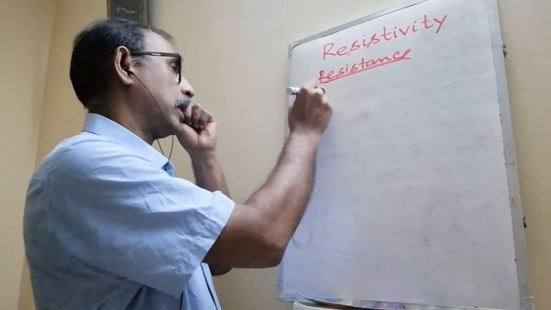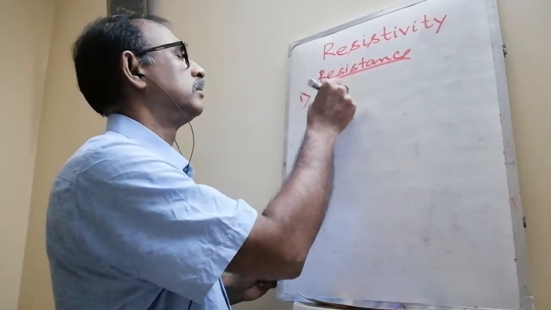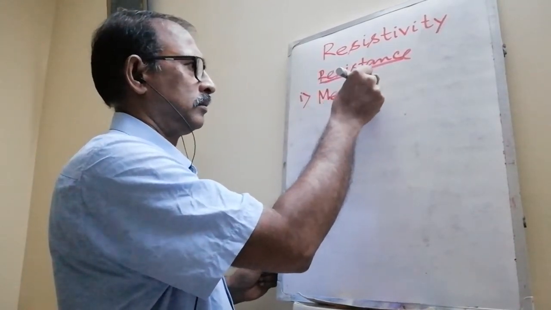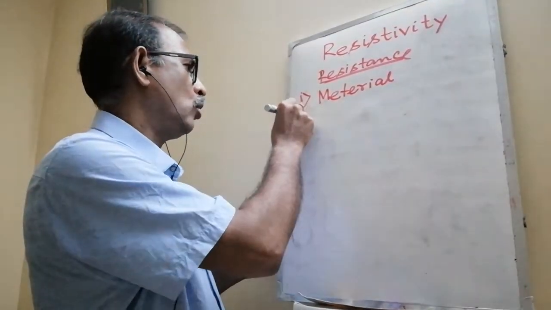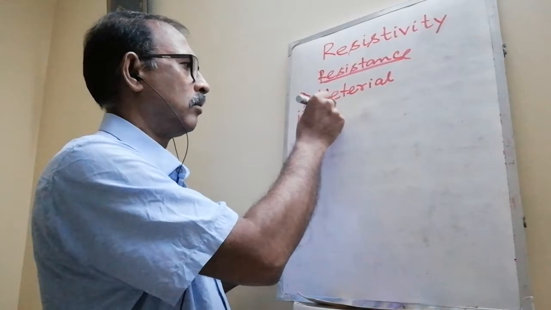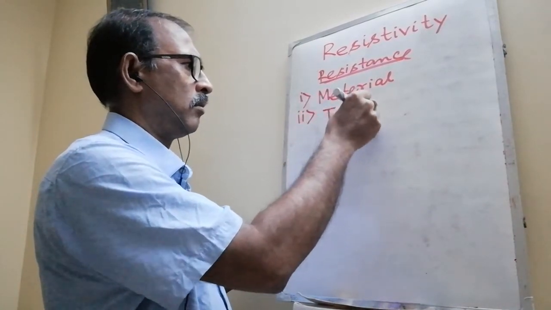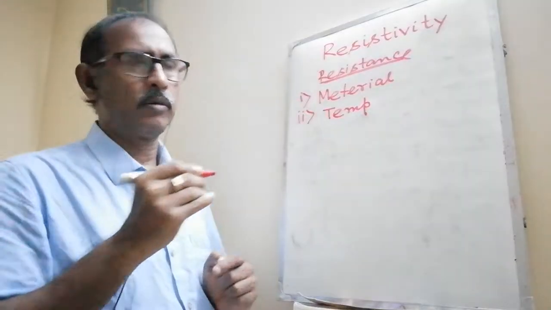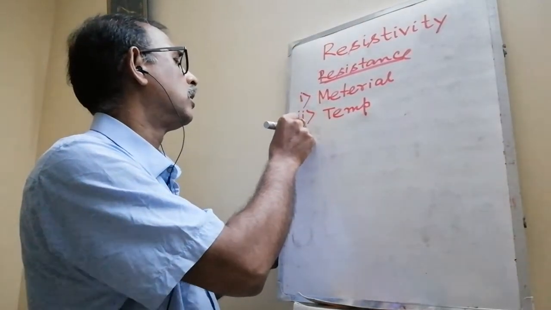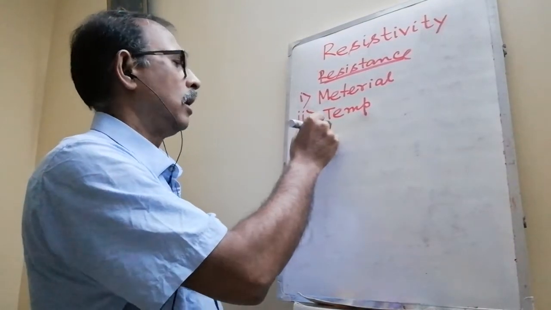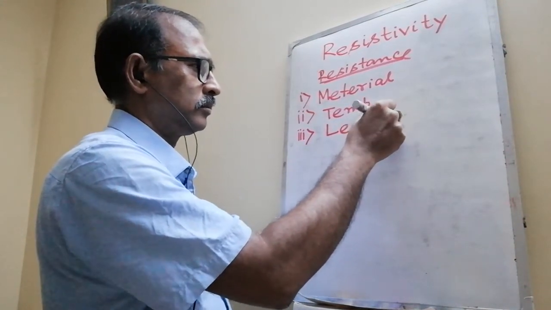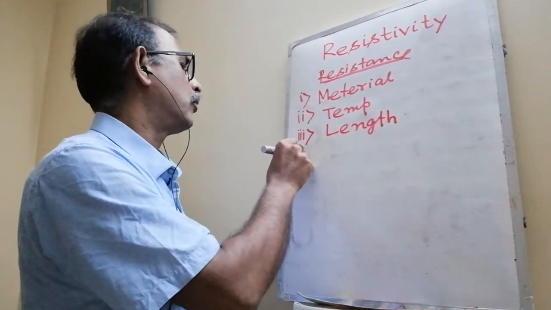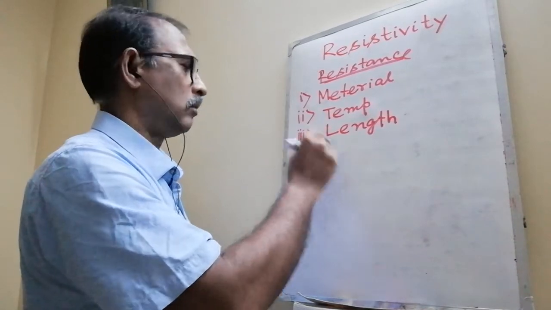Number one, the material of the conductor. Number two, temperature. Number three, length of the conductor. And number four, cross section.